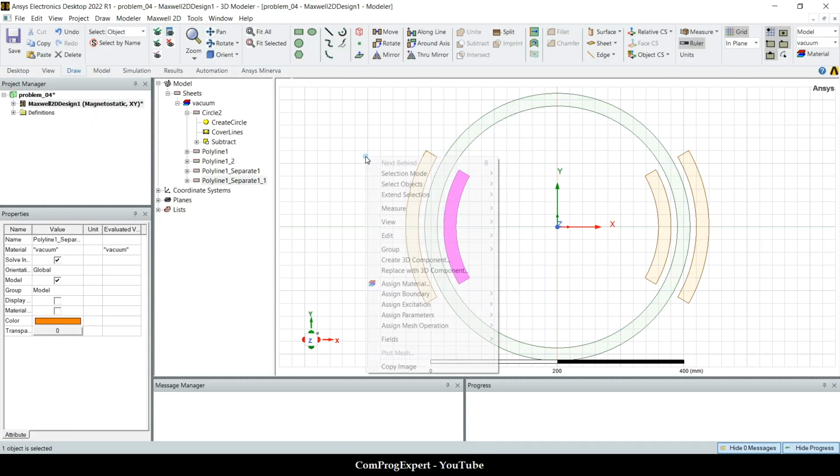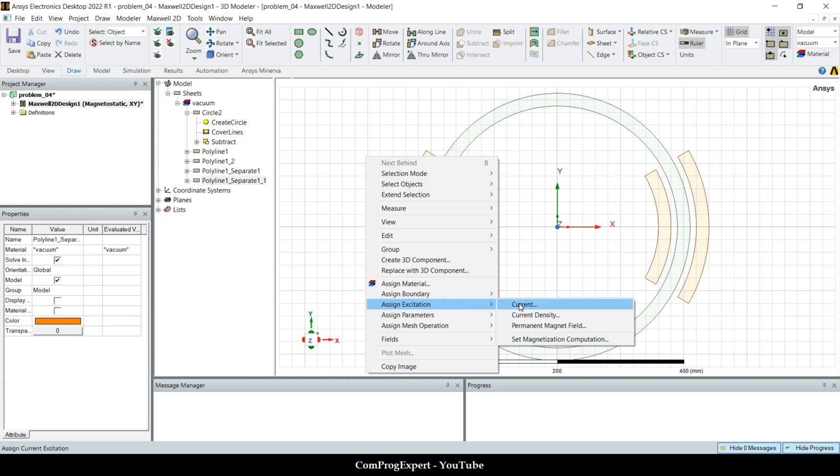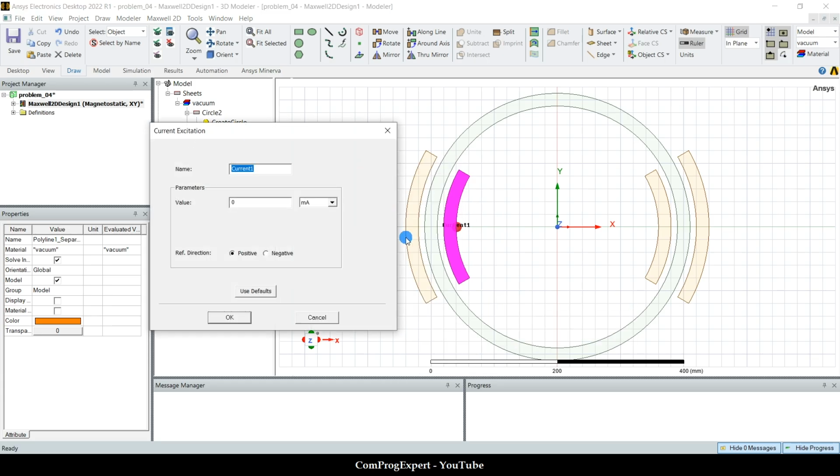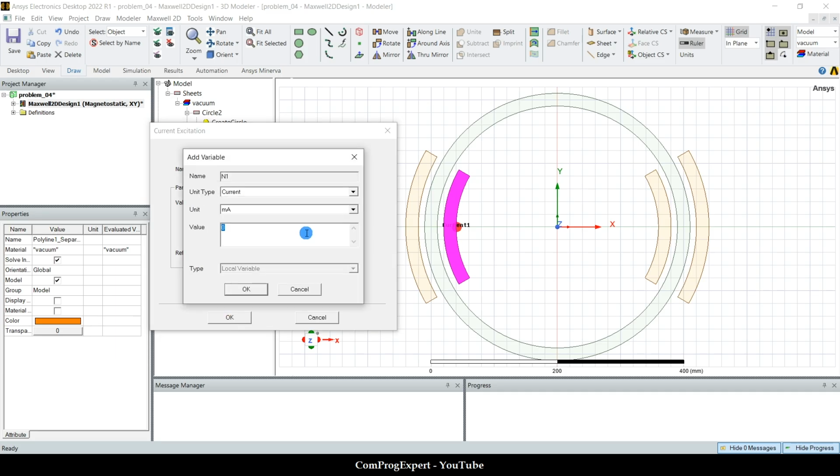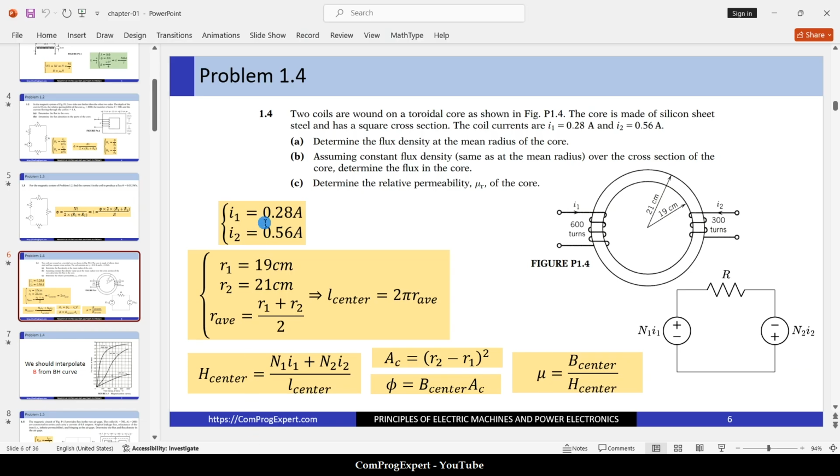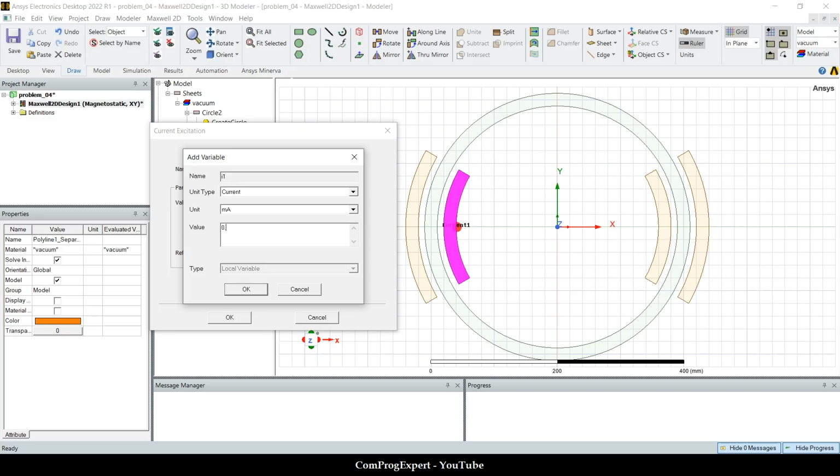So how much is the total current passing through this region? It is N1 times I1. The reference direction is negative. So N1 is 600. The unit is none. I1 is equal 0.28 ampere.